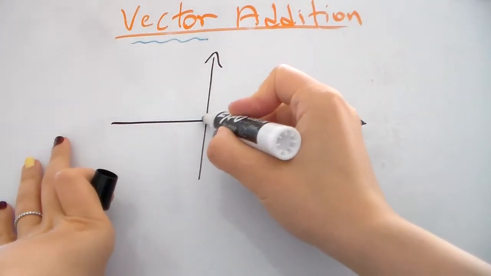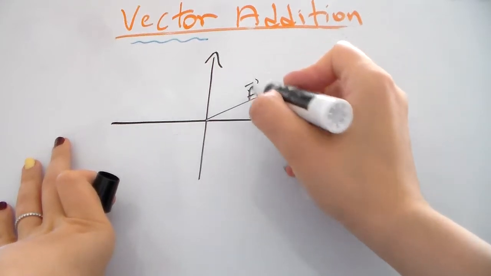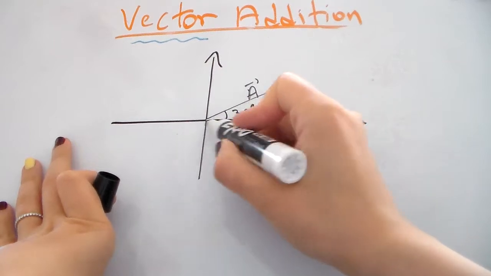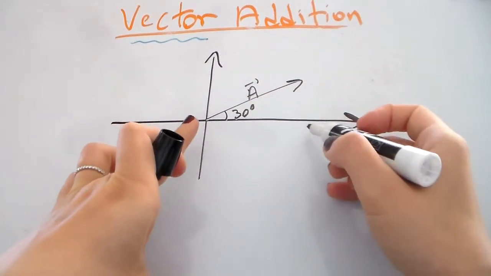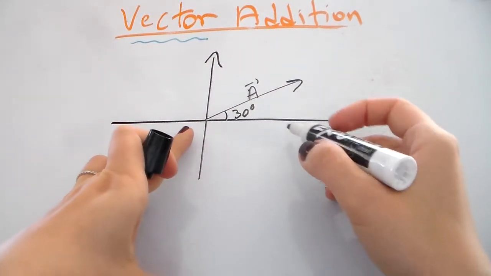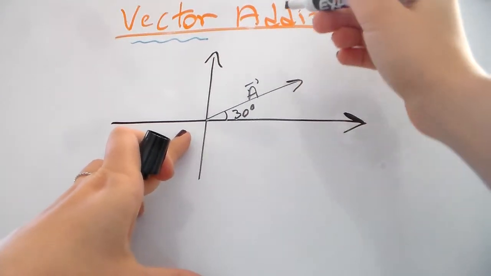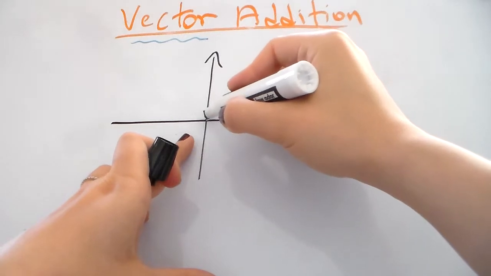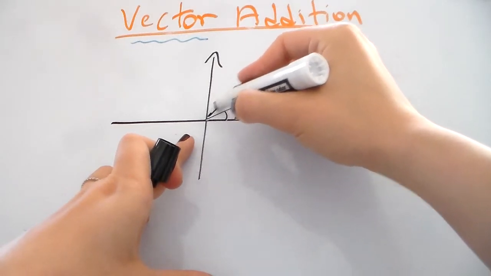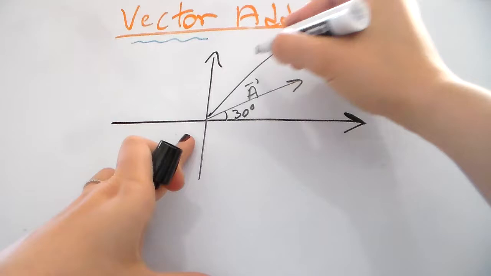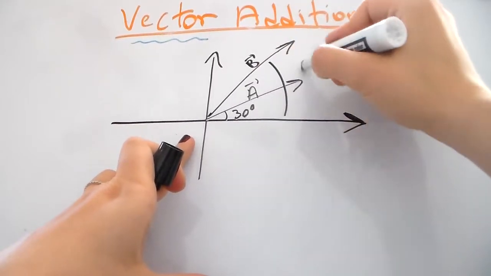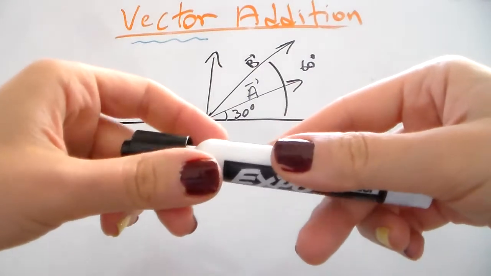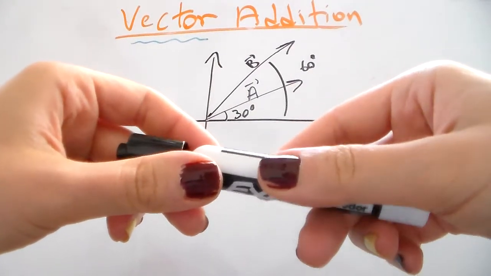Suppose, like I said, I have a vector A, and I know it is tilted 30 degrees with respect to the positive x-axis. And let's say I have another vector, B, like so, and B has a 60 degree angle with respect to the positive x direction.